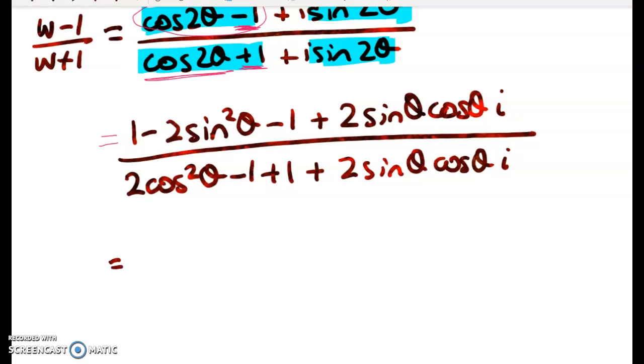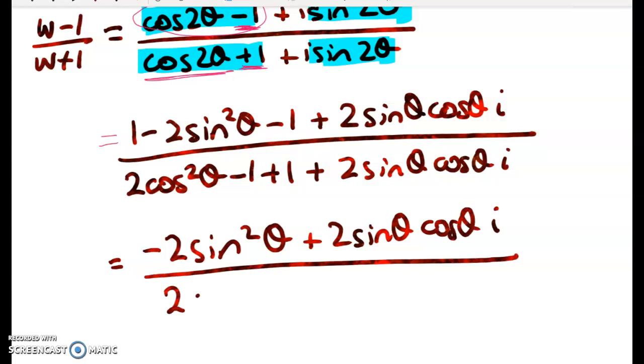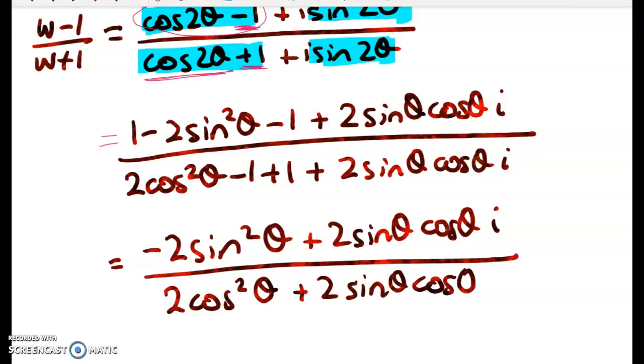Cleaning that up with the obvious steps, I get left with this. Negative 2 sine squared theta plus 2 sine theta cos theta times i, over 2 cos squared theta plus 2 sine theta cos theta times i.